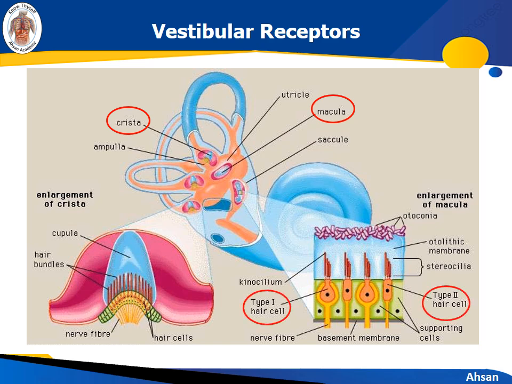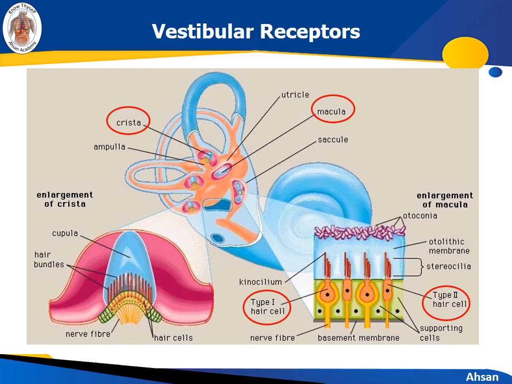I have made a circular red line. You can see that type 1 is a bit flask shaped and type 2 is columnar shaped. The yellow curve indicates the ending of the nerve. The nerve fiber ends at the base of the cell. So whenever there is any change of position of the head, there will be a movement in the hair cell stereocilia.